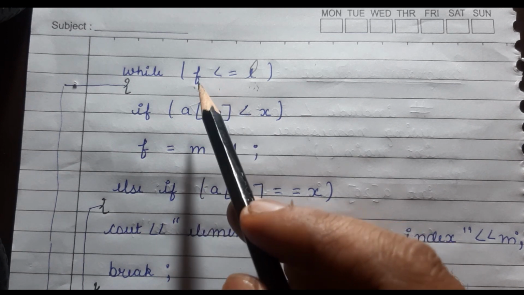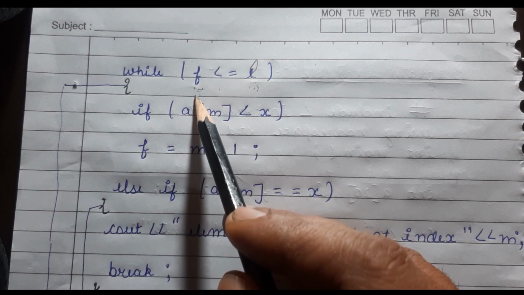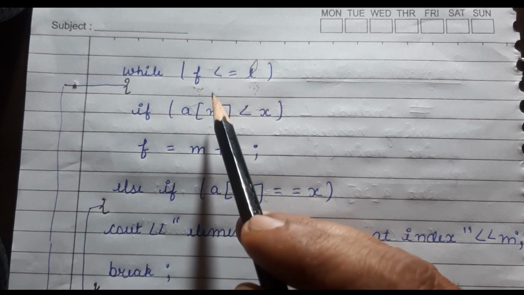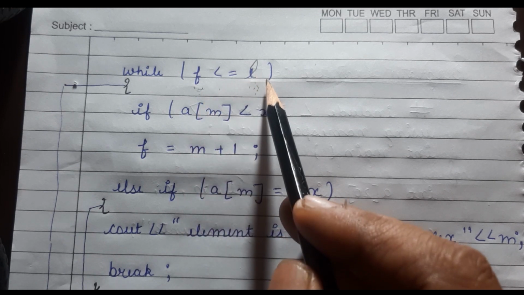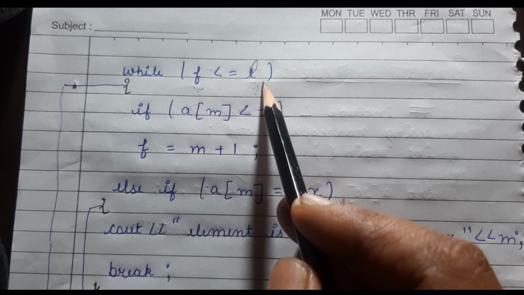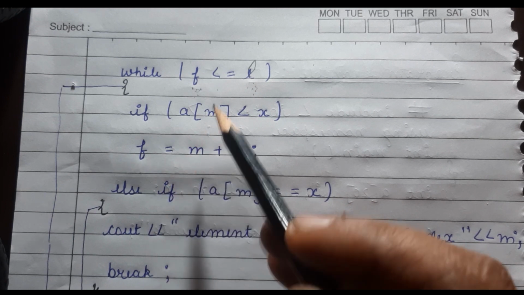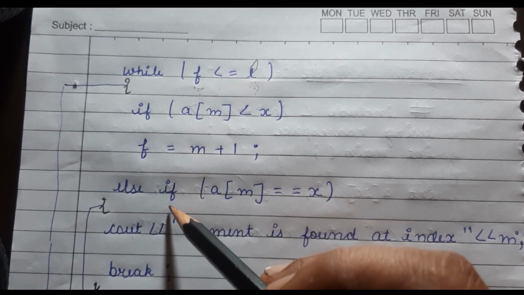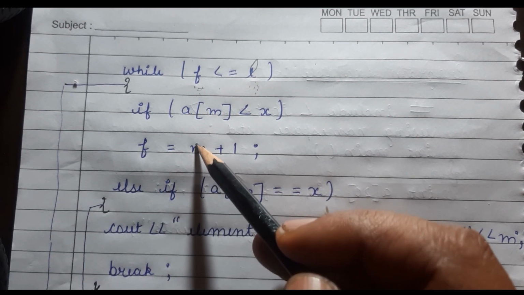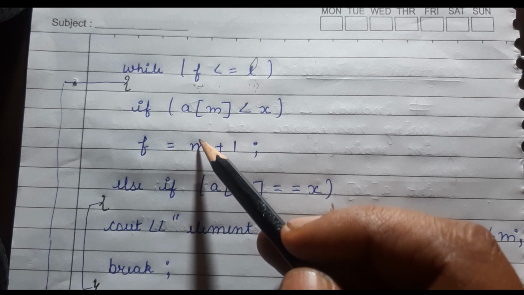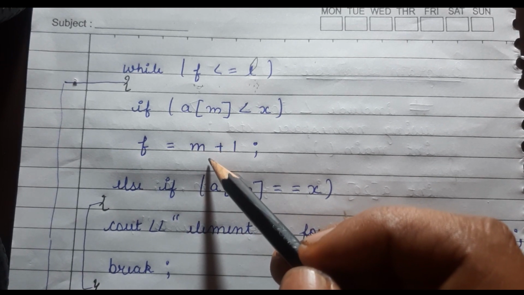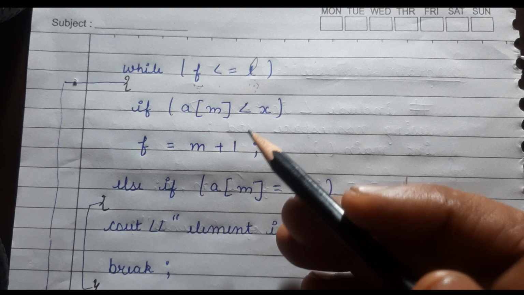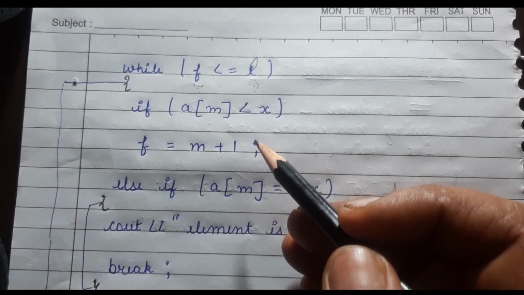Okay, if your first index is not less than or equal to L, it means first index is greater than L, it means there is no need to enter the loop. There is no need to perform any comparison here. There is no need to compare the middle element with the searching element of the array.